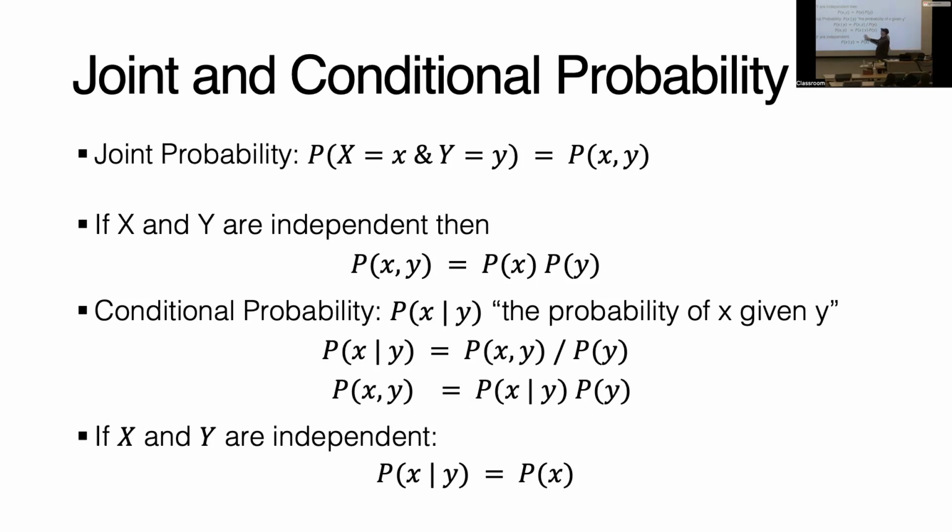But if they're not independent, we can talk about the conditional probability. So the probability that X is x given Y is y.